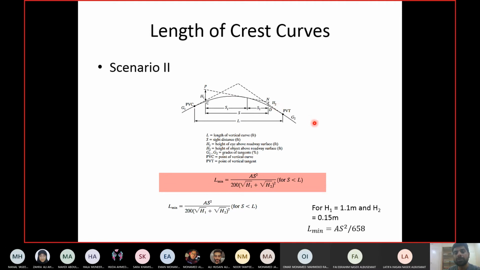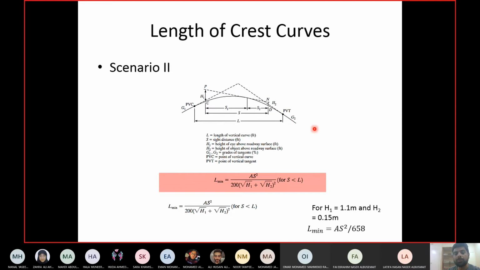But what about the driver who is coming from the other direction? A highway has two directions, right? If you just take the driver from left to right, are you designing one direction of the road? No. You put the lower value of G, right? But let me finish. So if you are going from G1 to G2 from right to left, then plus 3 minus 2 is all right.